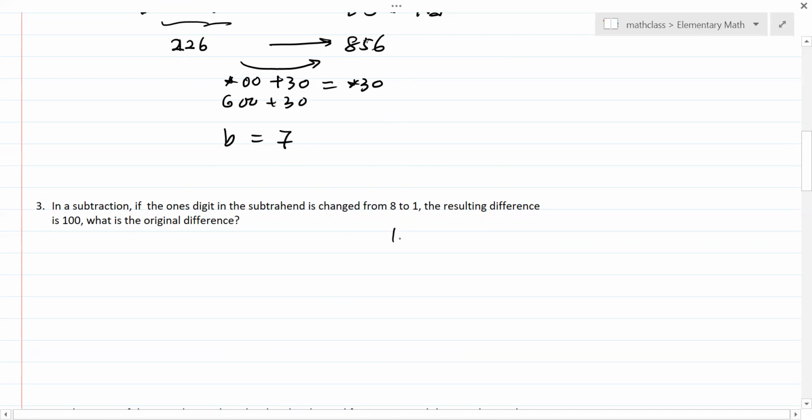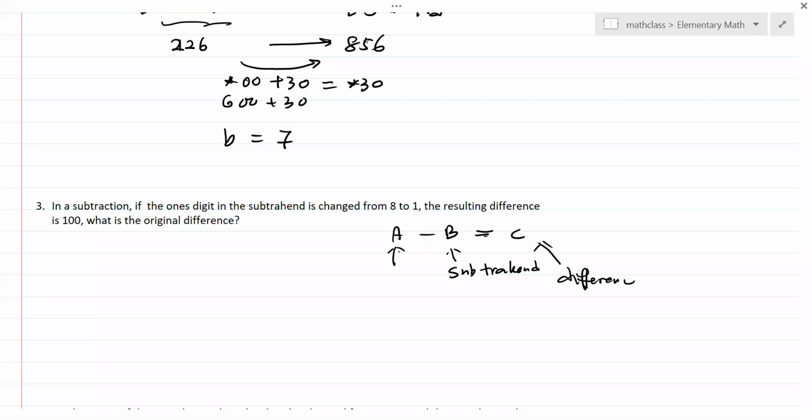If A minus B equals C, this is called the subtrahend, and this is called the difference. And the first number is called the minuend.